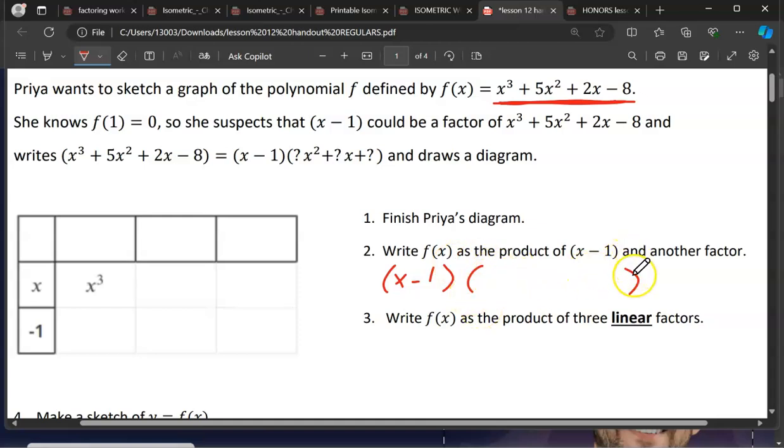So we're going to fill in the parentheses. Well, how do you fill in the parentheses? By answering question 1. We need to fill in this diagram on the left. Diagram on the left, they've started for us. I can tell you whether it's a 3 by 2 or just a 2 by 2 box, the first one, the top left box, is always going to be the first term.